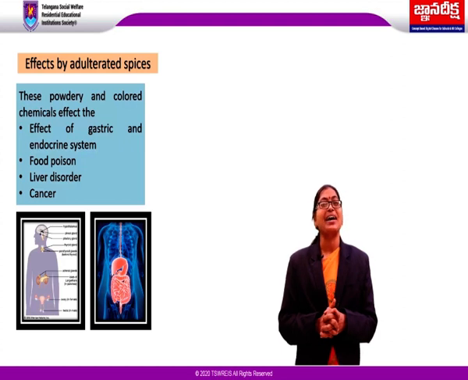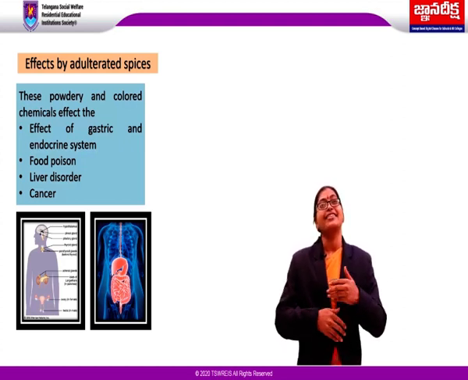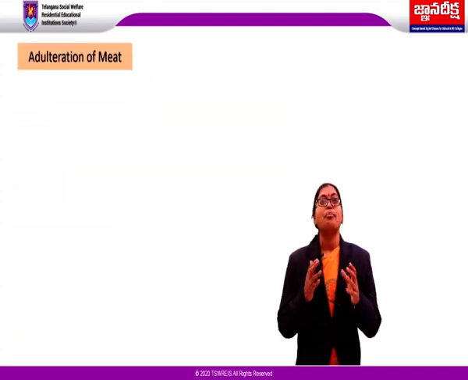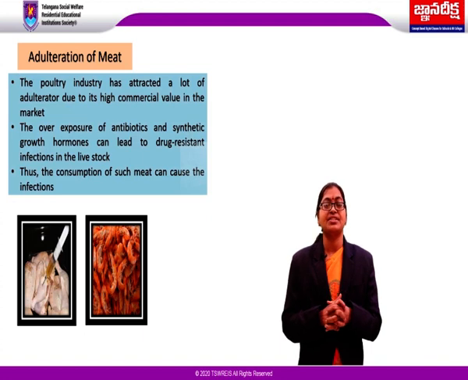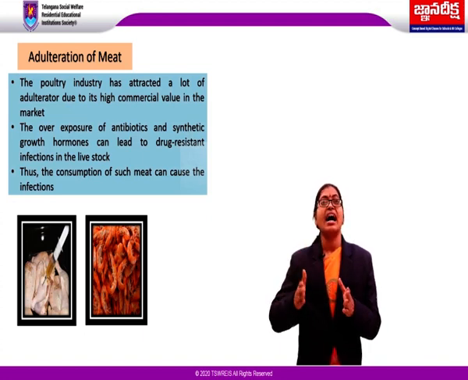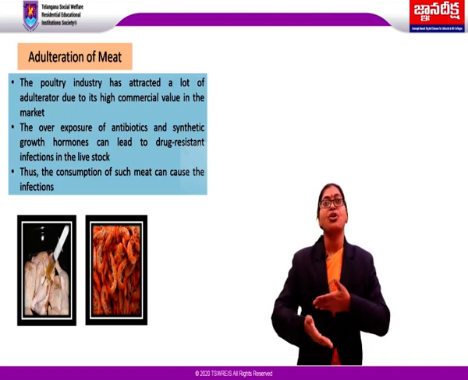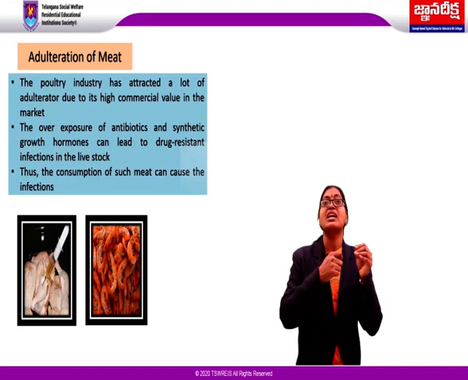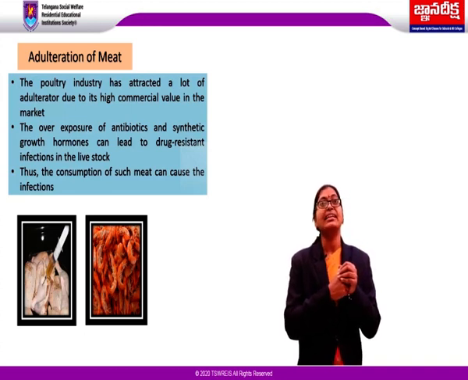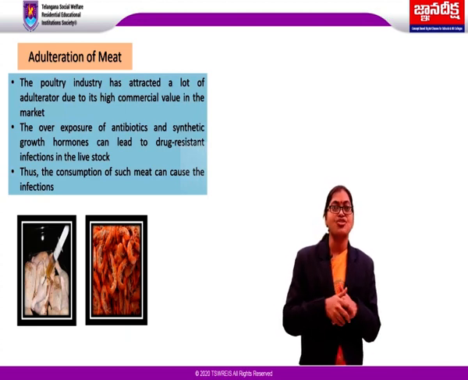Now children, we are going to see another adulteration, which is called adulteration of meat. The poultry industry has attracted a lot of adulterers due to its high commercial value in the market. Antibiotics and synthetic growth hormones are overused and injected, which can lead to drug-resistant infections in the livestock.